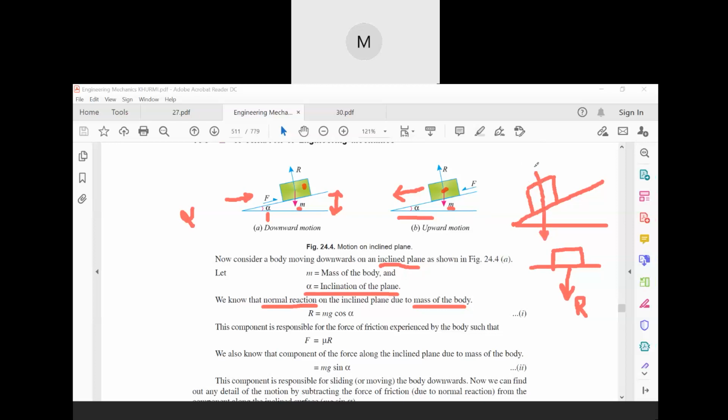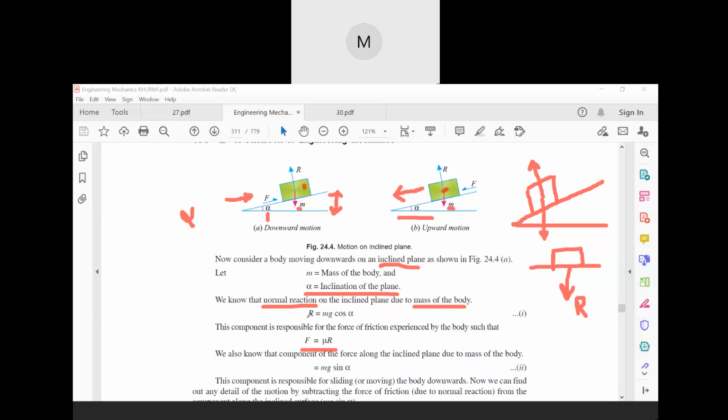So this is the normal reaction actually. This normal reaction will be acting perpendicular to the body, and the g will be acting vertically downwards. Now you can write that F equals mu into R.